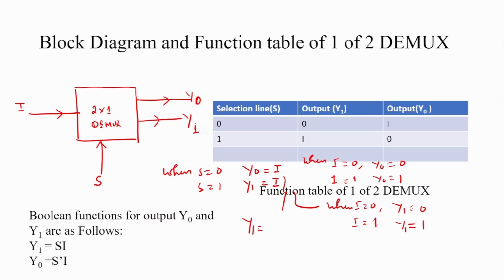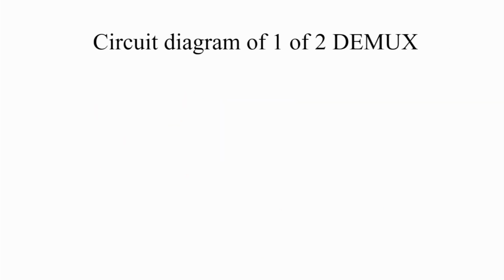Y1 is, when S is equal to 1 and whatever the value of I, simply SI, and y0 is, when S is equal to 0, meaning S complement is 1, whatever the value of I. Now we implement the logic diagram, the circuit diagram, of the 1 to 2 demultiplexer.